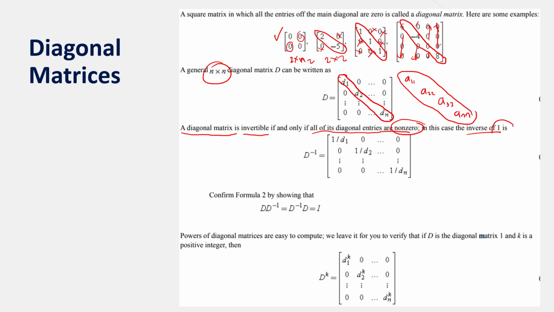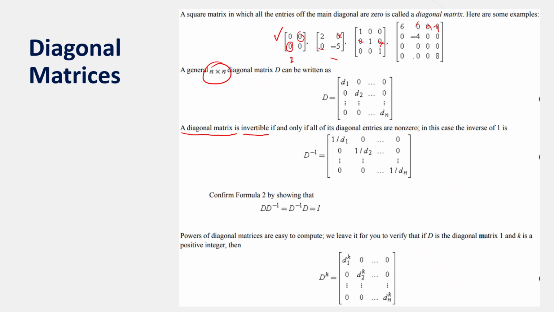For example, you have this matrix, where D1 is not equal to 0, D2 also not equal to 0, until Dn is not equal to 0.